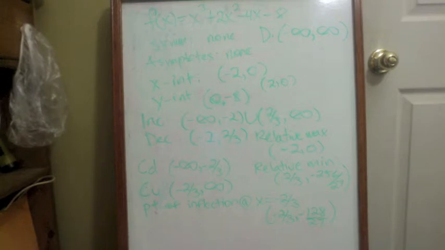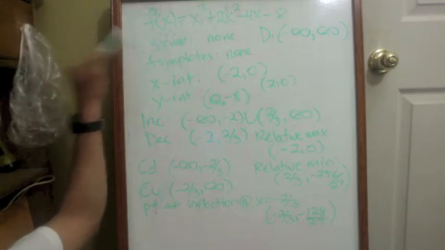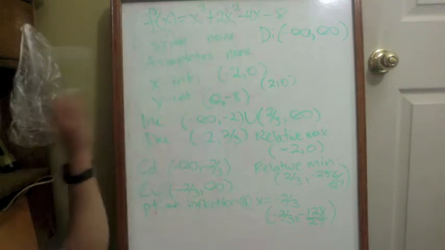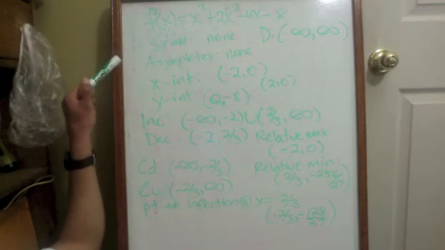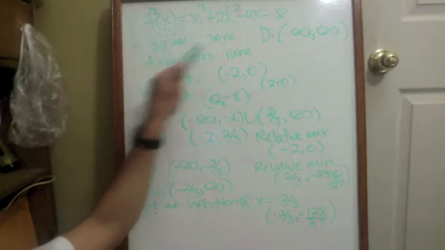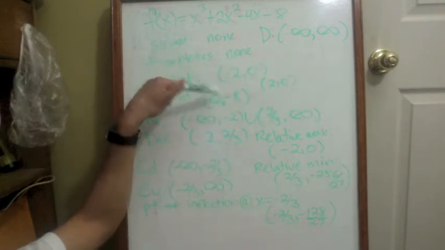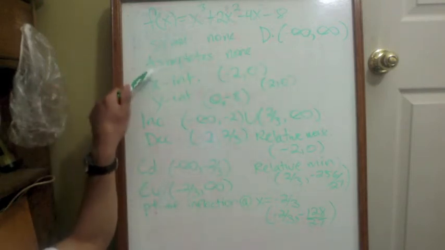Okay, so we finally have all the information we need for the function f of x equals x cubed plus 2x squared minus 4x minus 8. We know there's no symmetry, and the domain is from -infinity to infinity because it's a polynomial. There are no asymptotes.